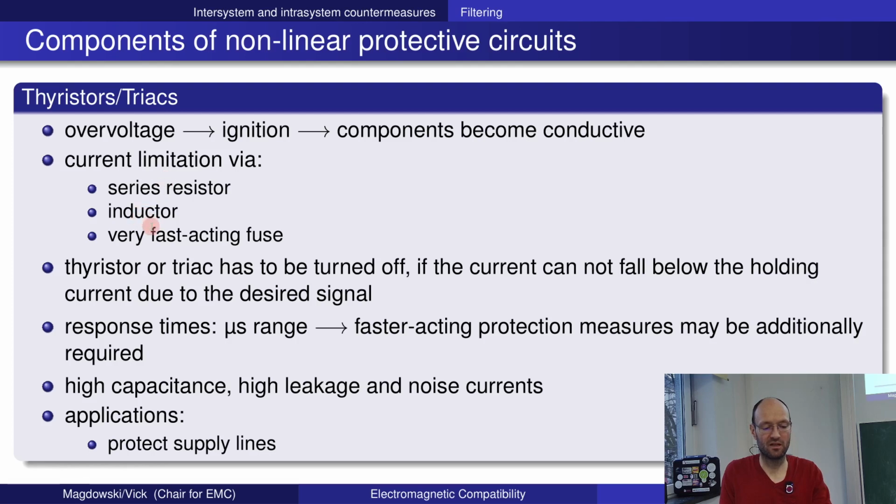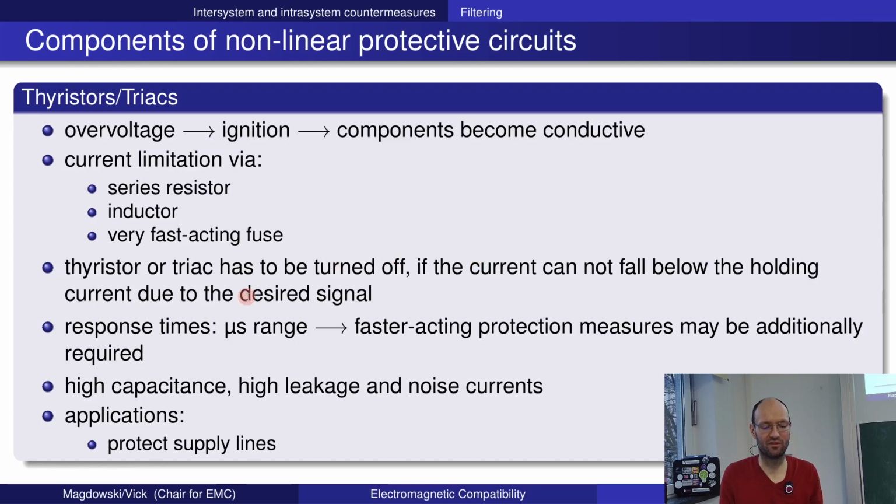There might be some inductor, or at least some parasitic series inductance in this circuit. Another issue is that these thyristors have to be turned off, and if your disturbance current does not fall below a certain threshold, then it might not turn off.